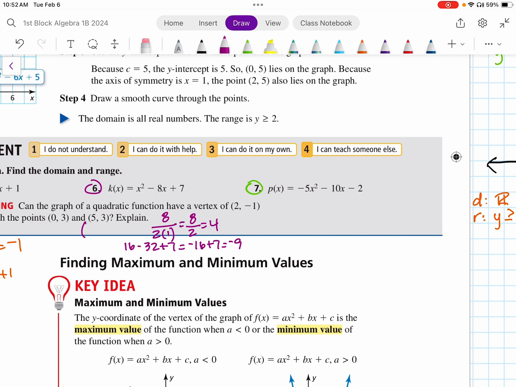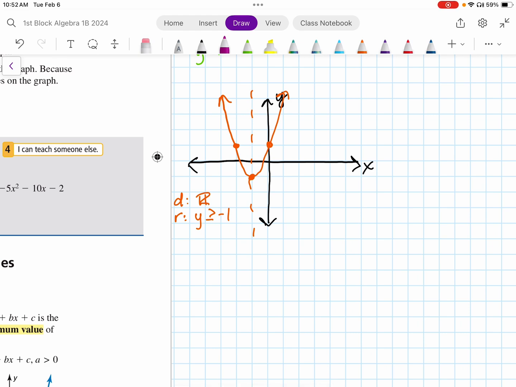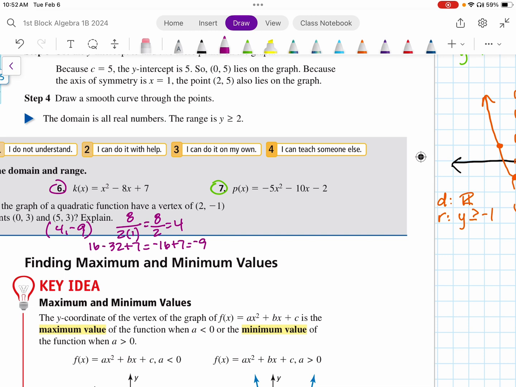So that means our vertex is 4, negative 9. We probably don't even have to graph this one, because we know that our range always has to do with the y value of our vertex. And we know that because a is positive, this graph opens up. That means our range is going to be greater than. So our domain would be all real numbers, and our range would be y is greater than or equal to negative 9.